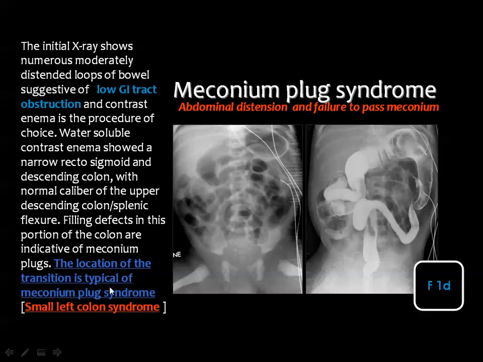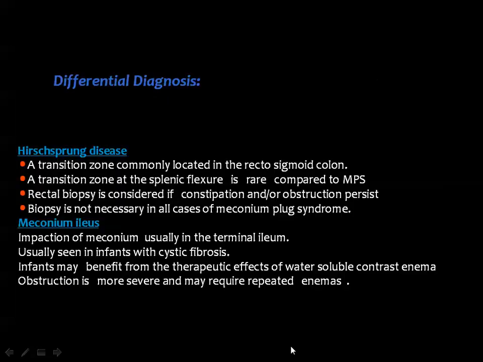The location of the transition is typical for meconium plug syndrome, or what is known as small left colon syndrome. This syndrome is suspected to be due to inspissation of mucus plugs in the distal part of the colon, particularly in the sigmoid region.